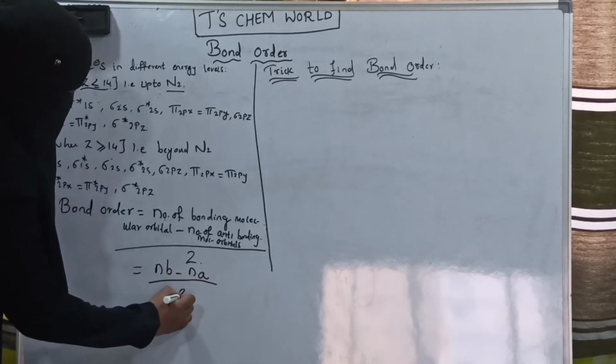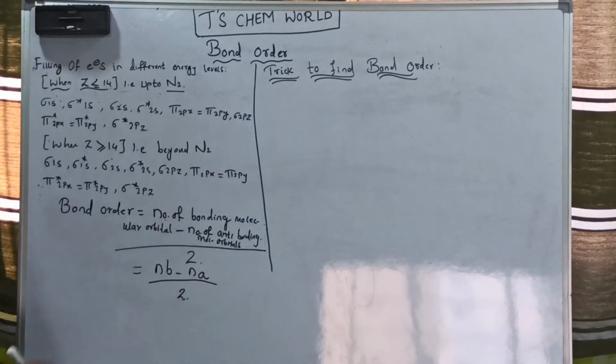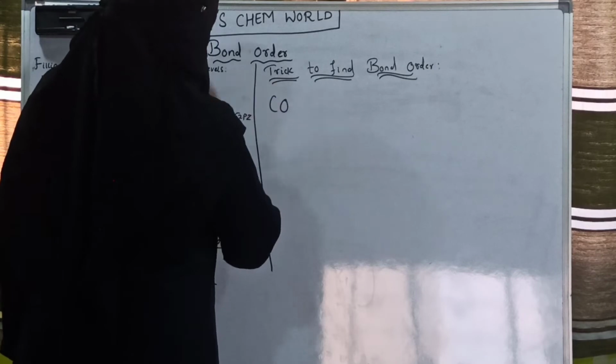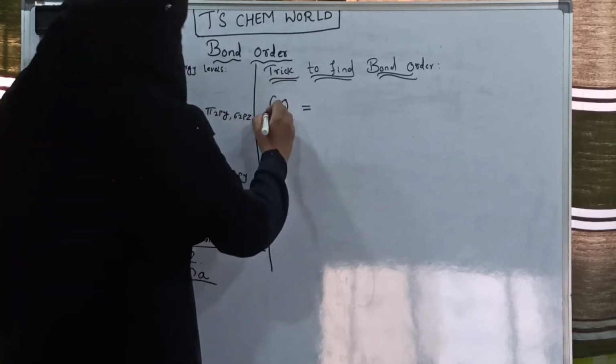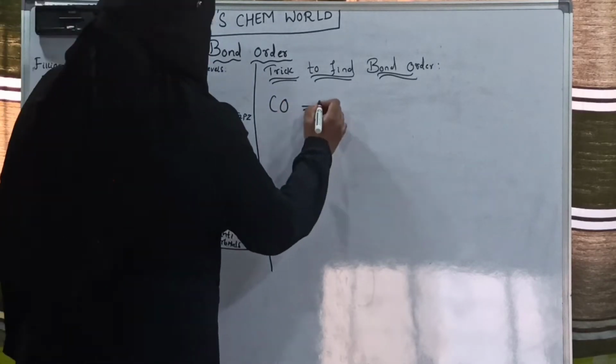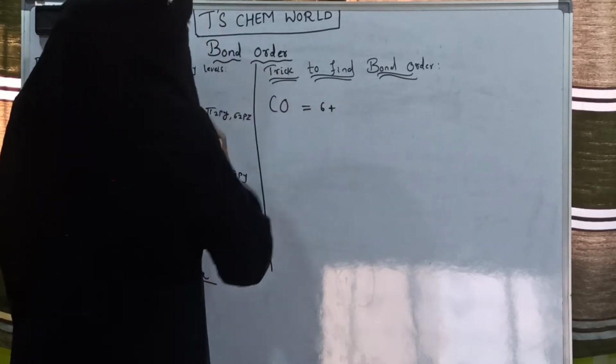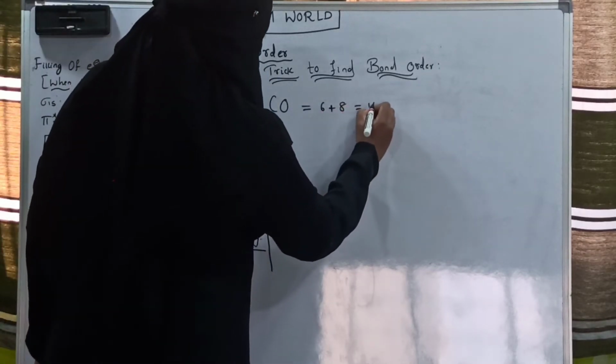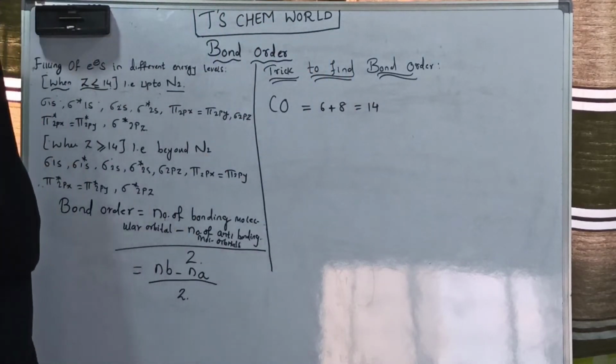orbitals minus number of antibonding molecular orbitals divided by 2. Say for example, if you want to find the bond order of CO, here carbon atomic number is 6 plus oxygen atomic number is 8, equal to how much? 14.